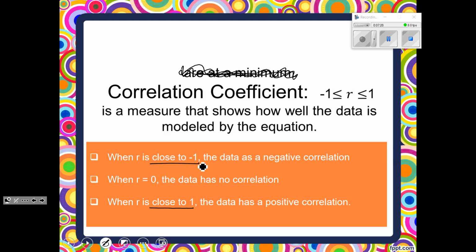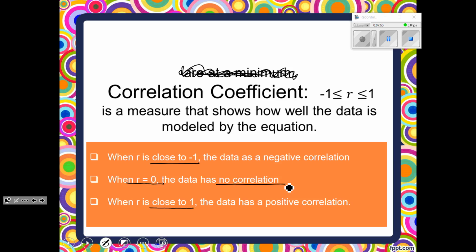So if you went around and collected data on that and plotted it, what kind of r value would it have? It would have something close to 0. So when r is close to 0, it has absolutely no correlation. When it's close to 1 or -1, the closer it is to 1 or -1, the better the correlation, the better the line.